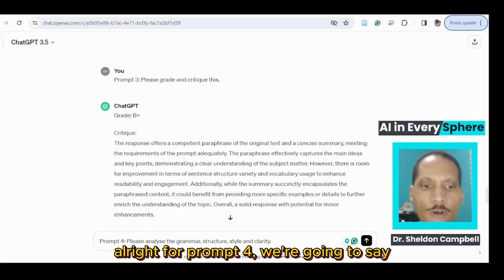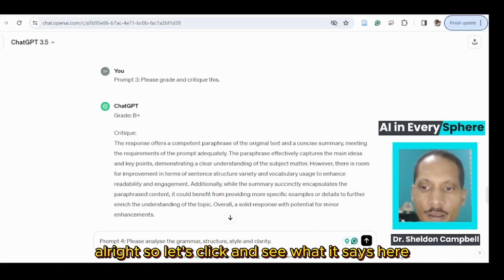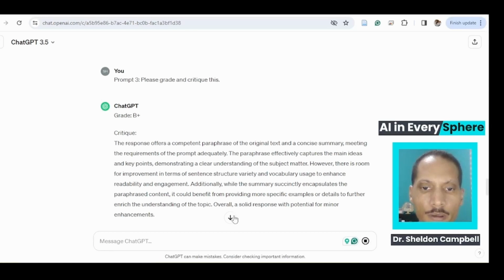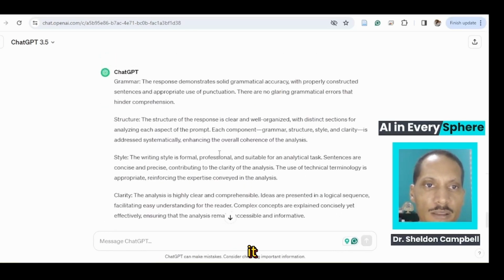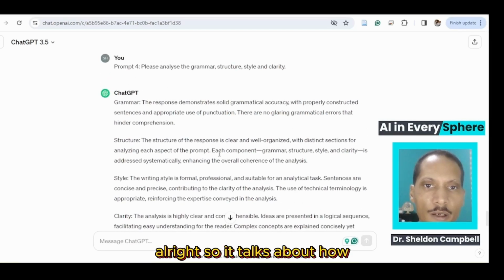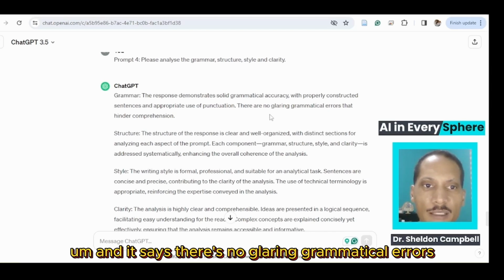Alright, for prompt 4, I say please analyze the grammar structure, style, and clarity. Alright, so let's click and see what it says here. So it talks about how there's grammatical accuracy, it is properly structured, and it says there's no glaring grammatical errors.